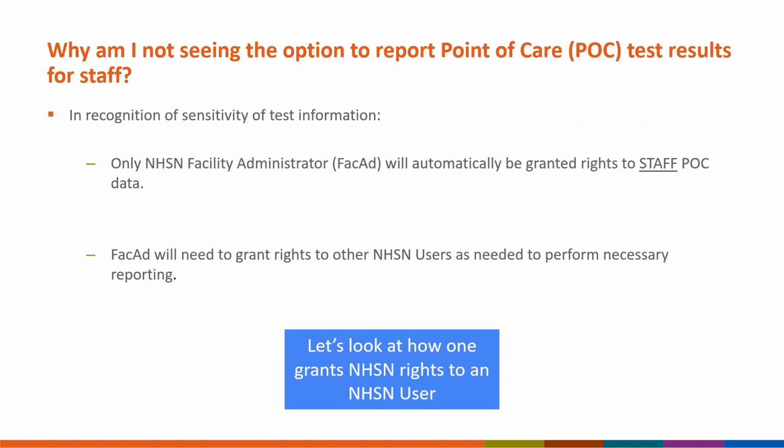And instead, the NHSN facility administrator will have to grant those rights to NHSN users. So there is a way in the system for anyone with administrator rights to do that. And we're going to look at how that can be done.